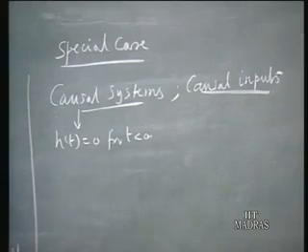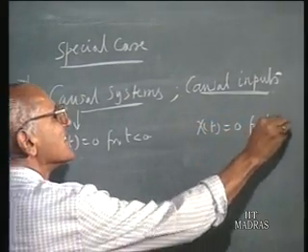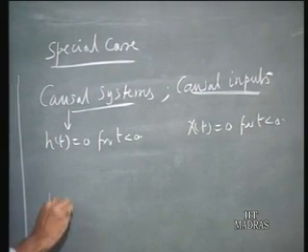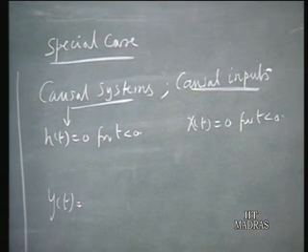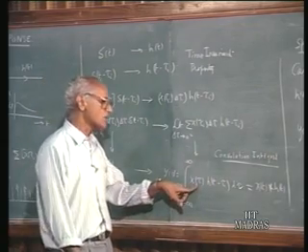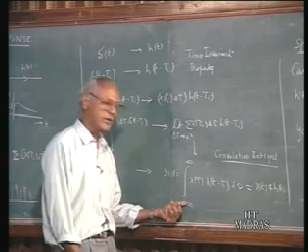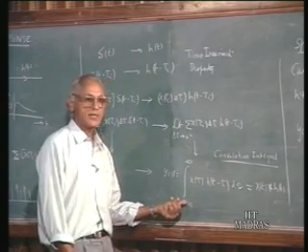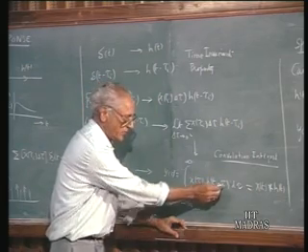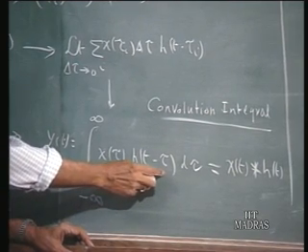If the input is a causal input, that means x of t is 0 for t less than 0. Because of these two restrictions, the convolution integral that we are having here from minus infinity to plus infinity, these limits can now be simplified, because x of tau is going to be 0 for negative values of tau. We need not start the integration from minus infinity, you can start from 0. Similarly, tau is a running variable. When tau exceeds t, then h of t minus tau, the argument becomes negative, therefore that is going to be 0.